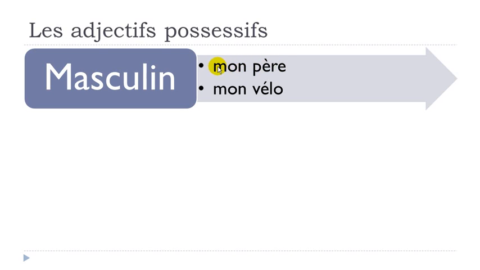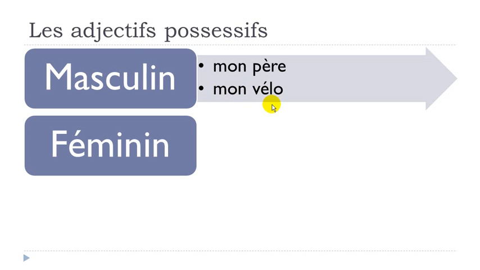So the subject, the person who is actually talking about his father or her father, doesn't really affect the fact that you use the masculine or the feminine here. You put the masculine because father is masculine. Vélo, bicycle. If you want to say my bicycle, you will say mon vélo, just because vélo is masculine. Un vélo, and then mon vélo.